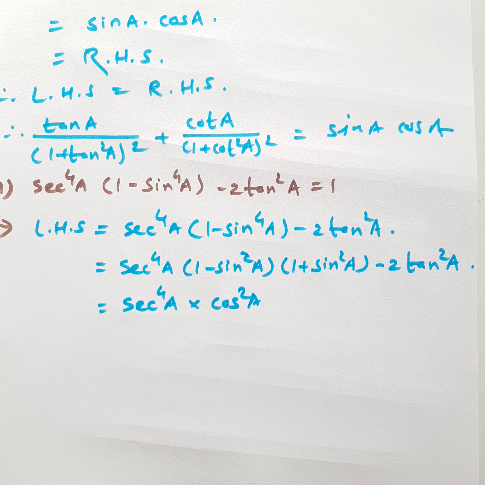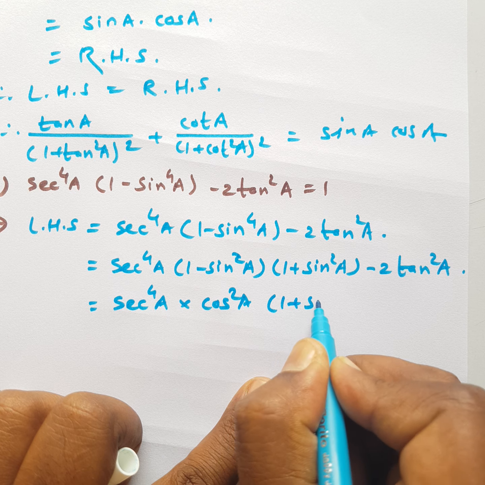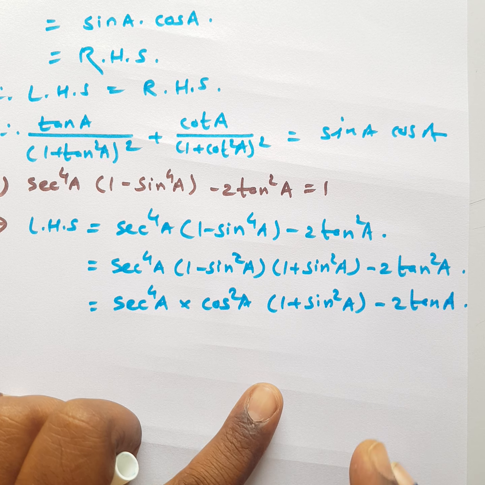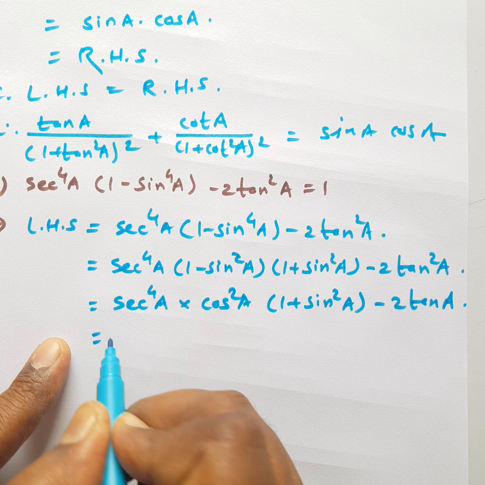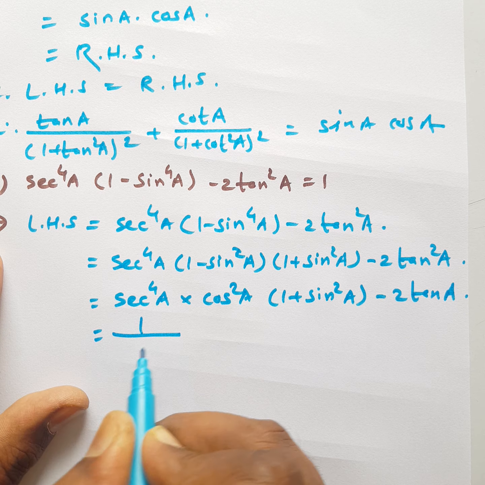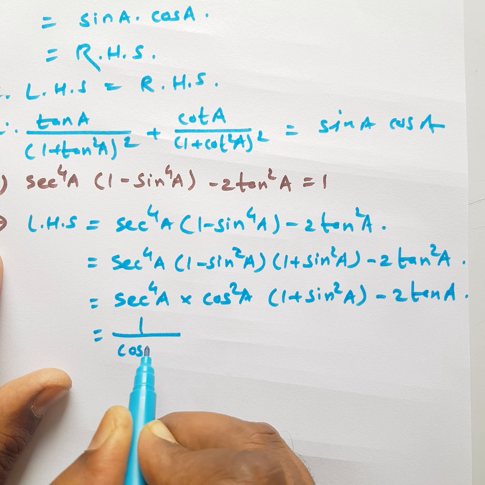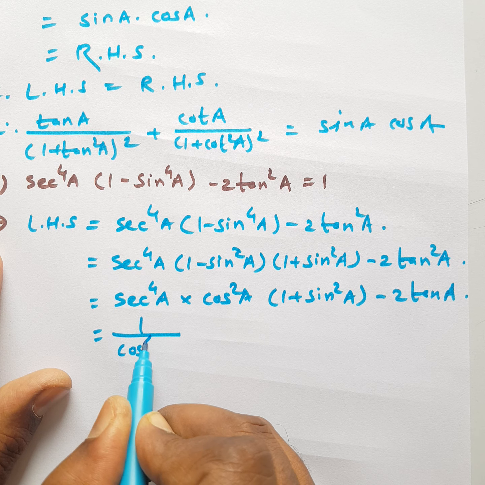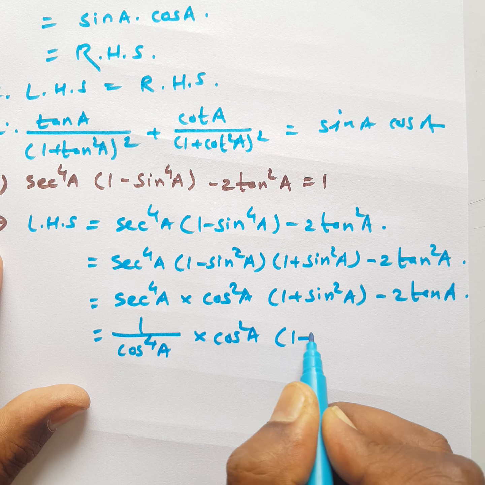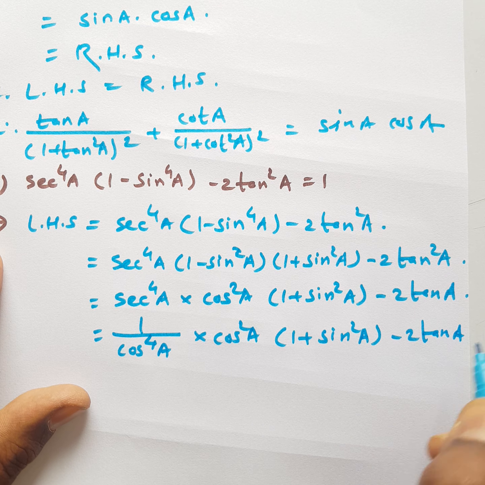Therefore cos square A is equal to 1 minus sin square A. So we have cos square A into 1 plus sin square A, minus 2 tan square A. Here sec raised to 4 A is the reciprocal of cos raised to 4 A. Therefore we can write sec raised to 4 A as 1 upon cos raised to 4 A, into cos square A into 1 plus sin square A, minus 2 tan square A.